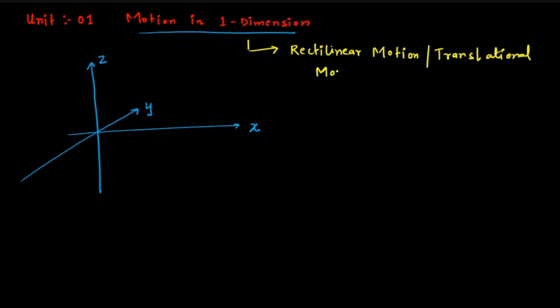So whenever a particle is performing motion along one specific axis, say the x-axis, the motion is known as rectilinear motion or translational motion. Whereas whenever a particle is performing motion along the vertical axis, you can consider the y-axis sometimes as a vertical axis, or specifically it is always the z-axis, that we call motion under gravity.